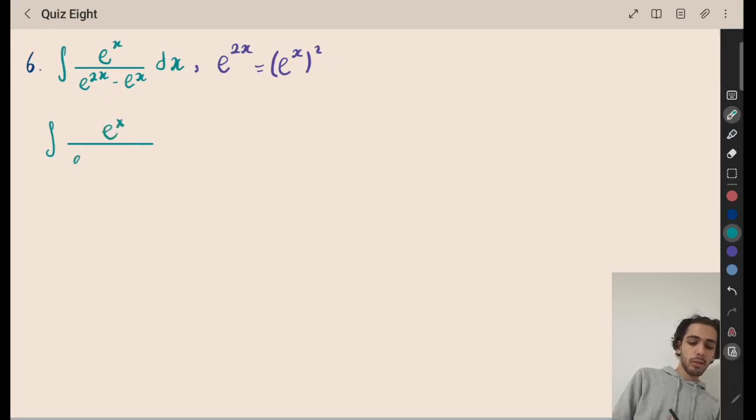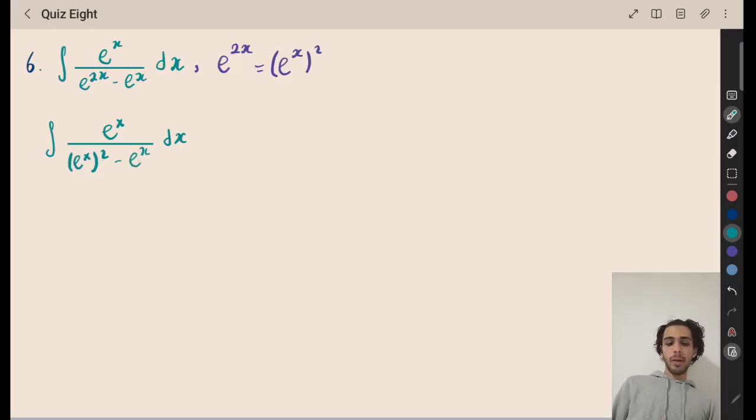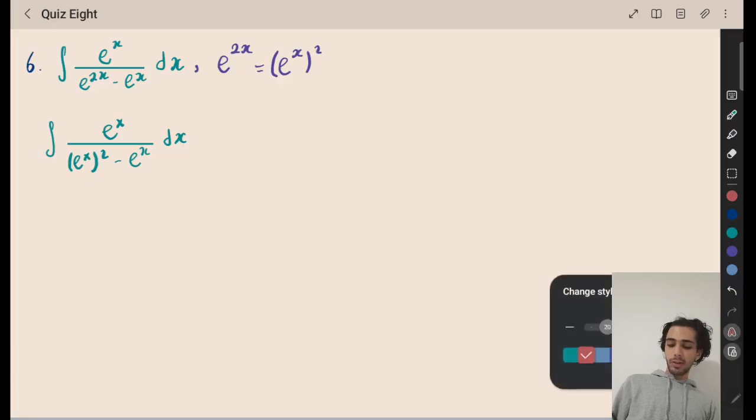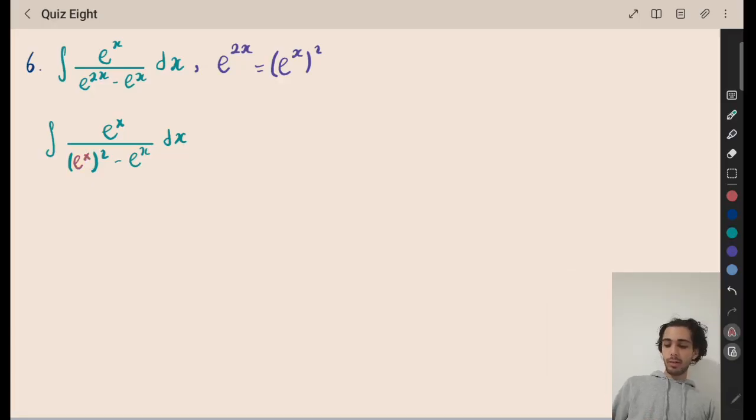All right, e to the x squared, as we've agreed, minus e to the x dx. And then I have an inside function, this one. Once I have an inside function, I immediately look at its derivative.